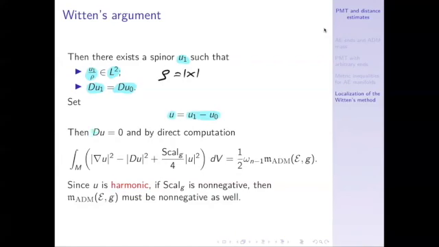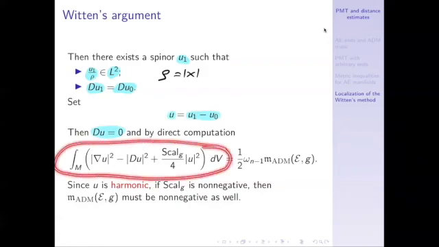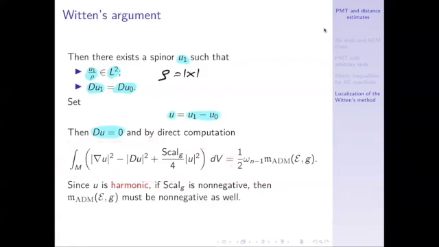Then we directly have that DU is equal to 0, and by direct computation, we have that the mass of the selected end is proportional to the following integral. And here actually is where the Lichnerowicz formula is used.